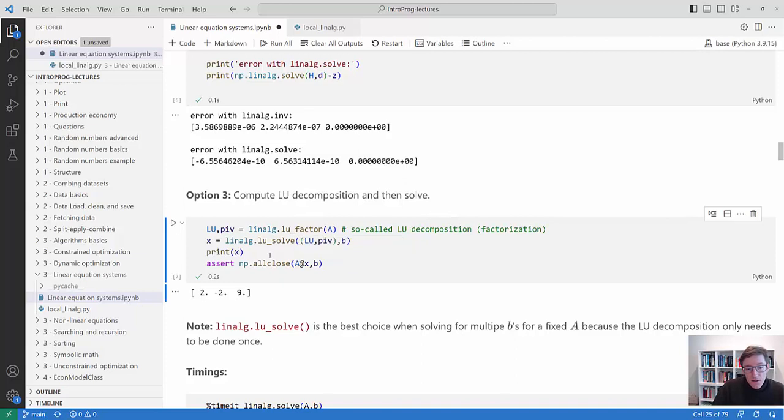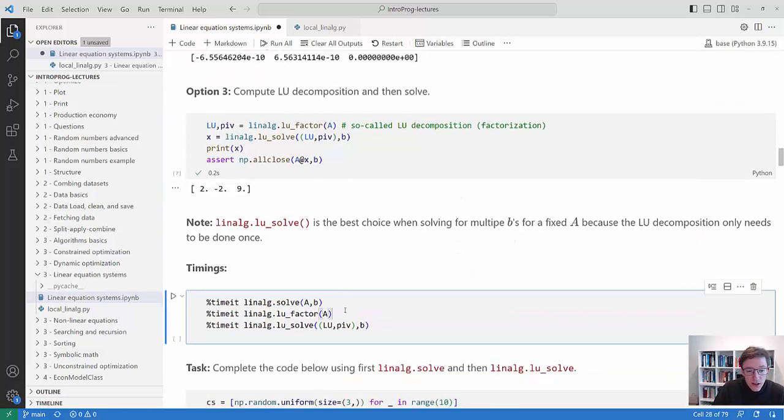This is sometimes smart because it only requires doing the decomposition once, while you can now solve for many B's once you have done that decomposition. So in that sense, it's good if you have different right hand sides but the same left hand side matrix. Then you can do this fast.